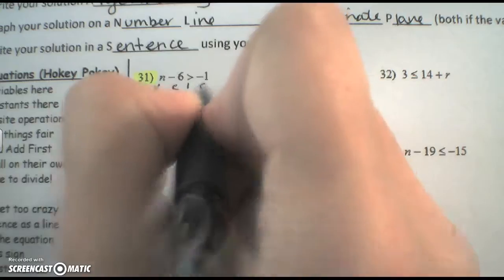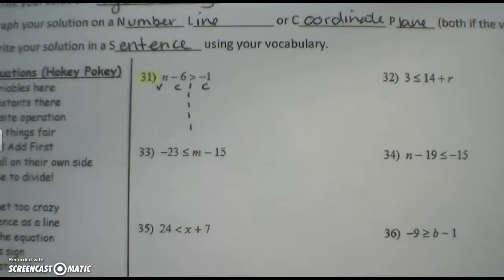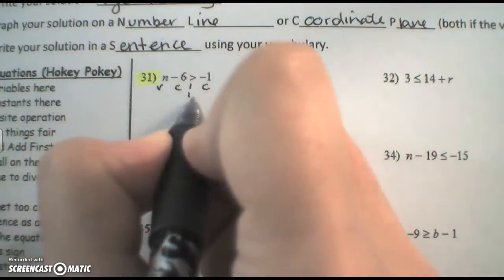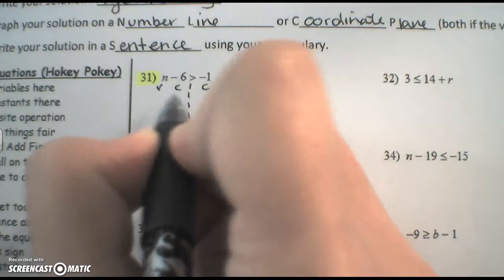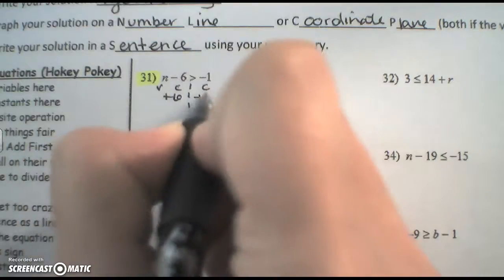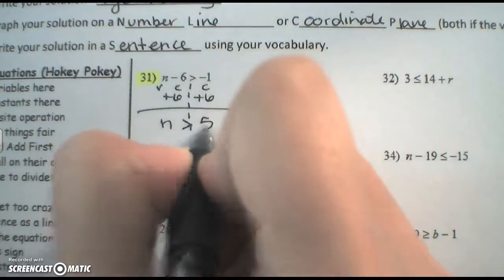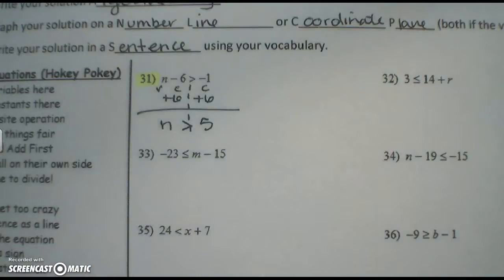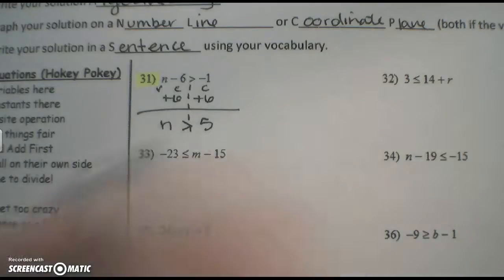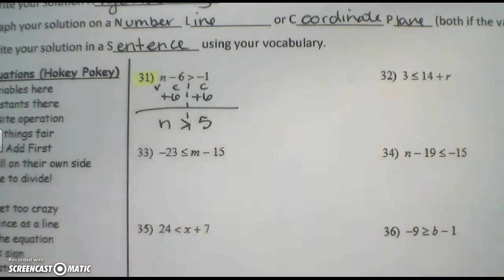Variable, constant. Nope, don't have any of that either. So we're going to get our variables here, put our constants there, do the opposite operation just to keep things fair. Subtract and add first until they're all on their own side, and then it's time to divide. Woo! But nothing to divide by here, is there? So now we have n greater than 5.